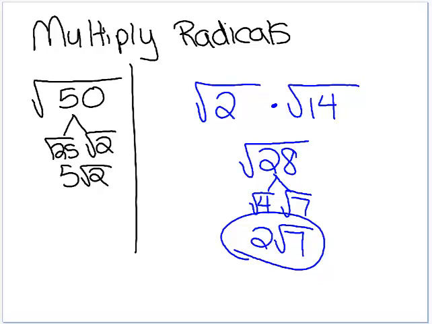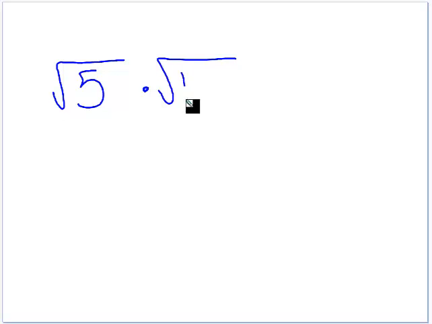Everybody have this problem down? Next one. This one should look familiar. The square root of 5 times the square root of 10. First step, we're going to combine them under one radical. So what do we do?